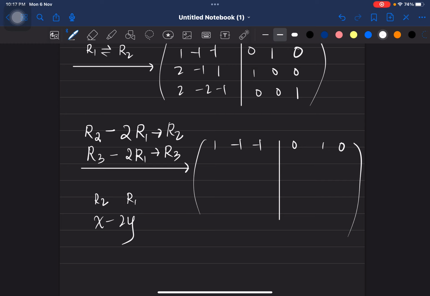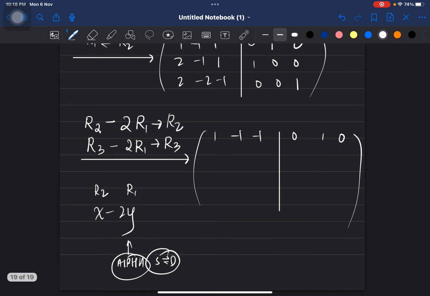If you don't know how to find y, you can type alpha, and then you type this. If you see this symbol, type alpha and SD, then you get the letter y already. Okay, so x minus 2y, and then you press this button, calc.